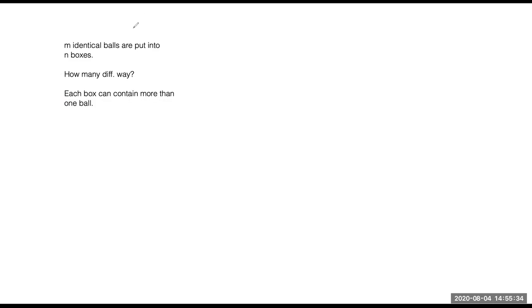Actually, it doesn't matter here. If m is larger than n, by the pigeonhole theorem that we talked about last time, there is at least one box that contains more than one ball, but it doesn't matter here.